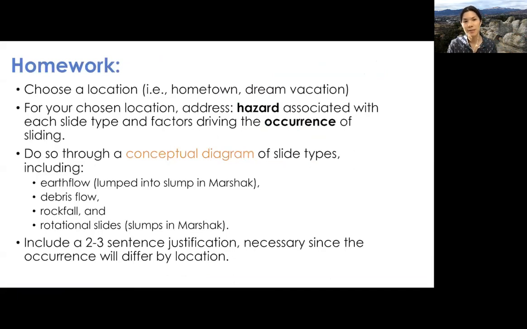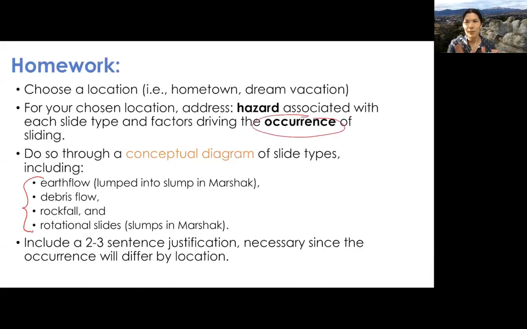And then we've gone over slides, which present more of a hazard. We've gone through many different slide types, including earth flows, debris flows, rock falls, and rotational slides. We've talked about the relative hazard of each of these. We then talked about what drives slide types or drives slide failure, which gets into the occurrence of slides.